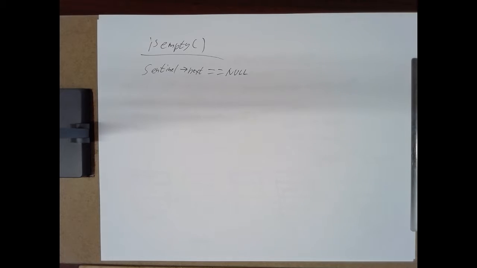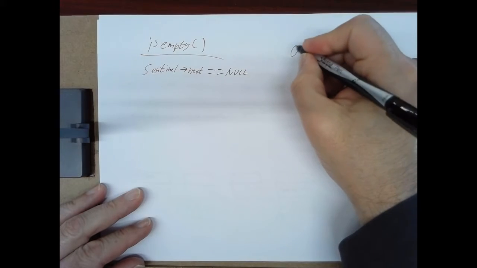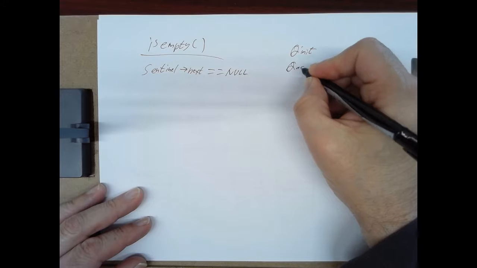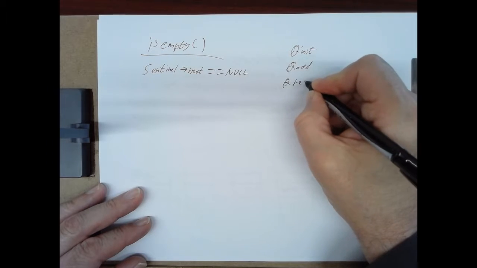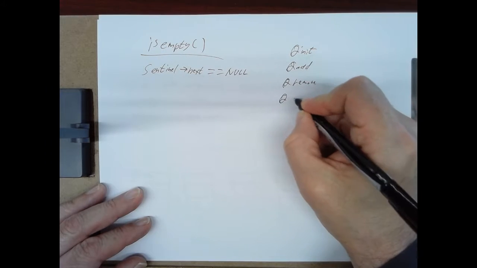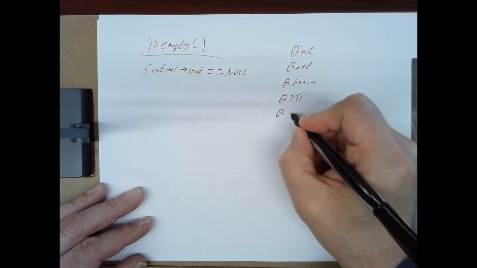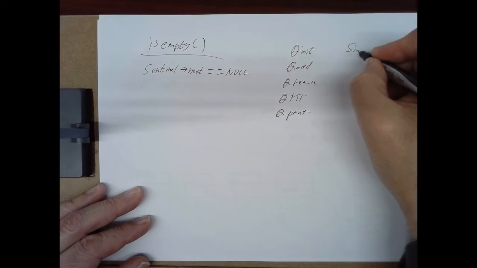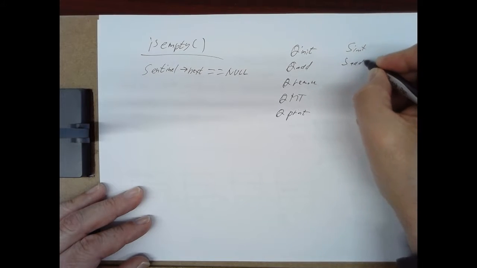So my recommendations: make yourself a Q init, Q add, Q remove, Q empty, and a Q print. And make yourself a stack init, a stack add, and so on.